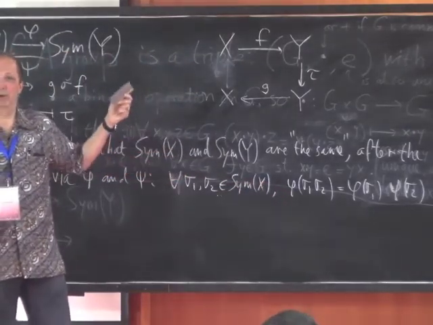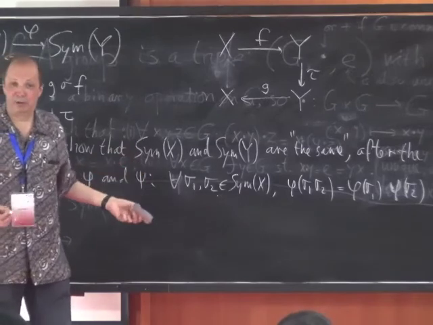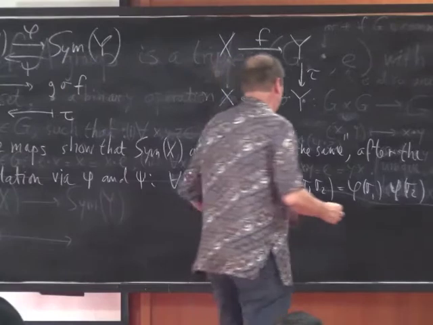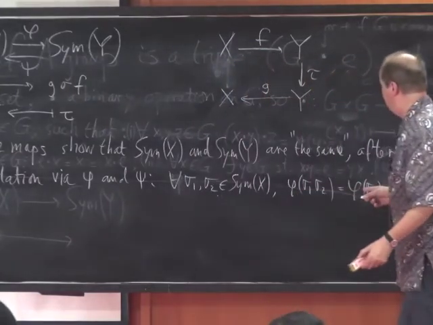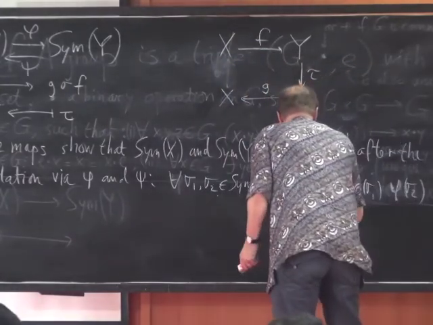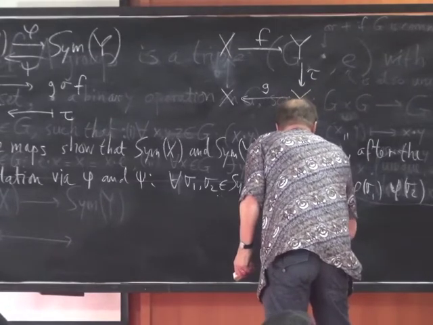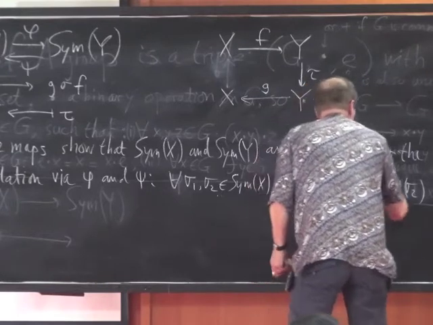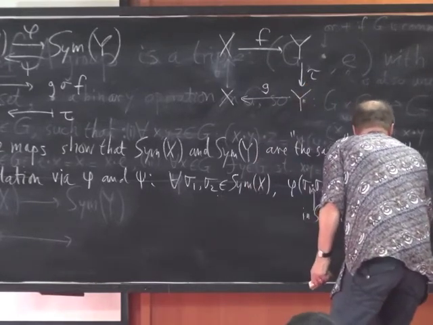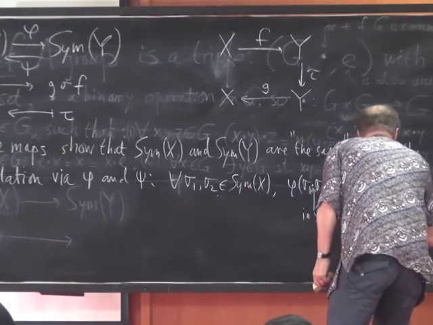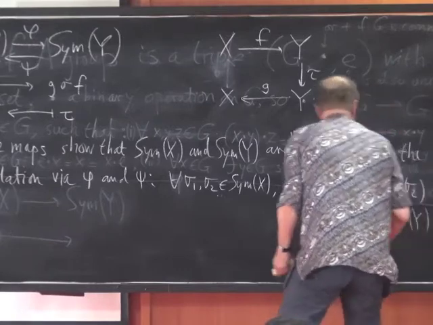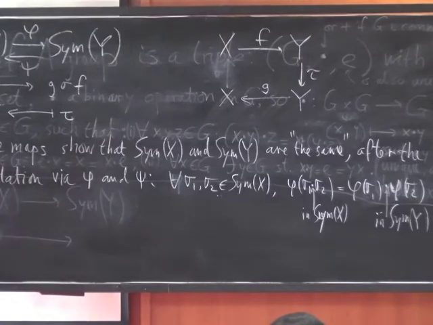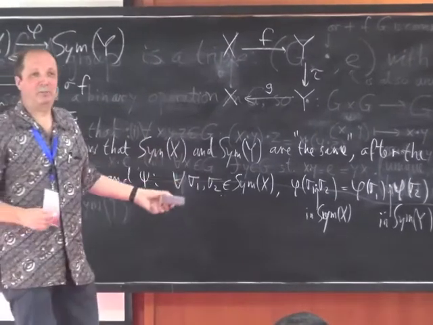This is now bringing us to the notion of isomorphism of groups. This says that this phi brings, this is actually a multiplication in Sym x, and this multiplication that I didn't write is in Sym of y. So what happens here is that these two groups are not literally the same.